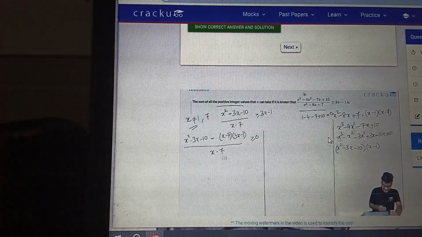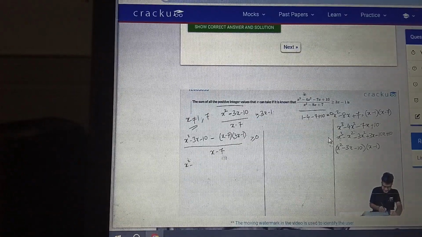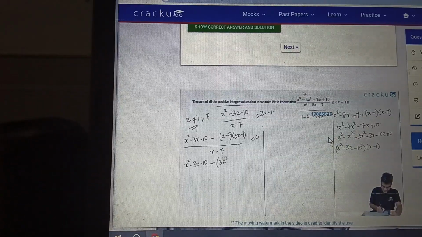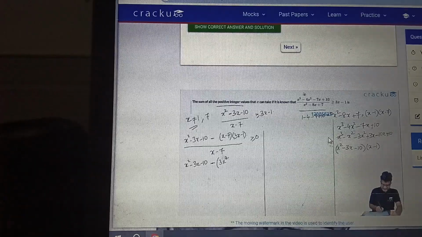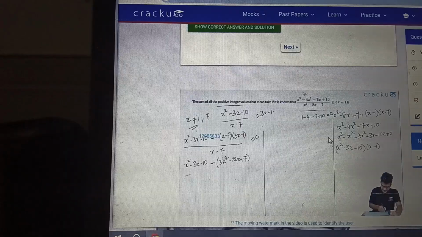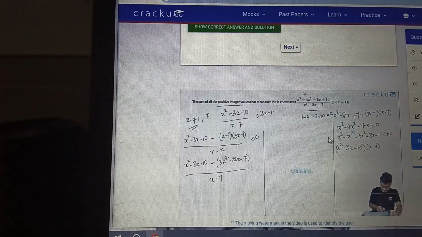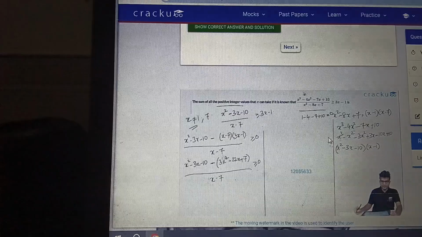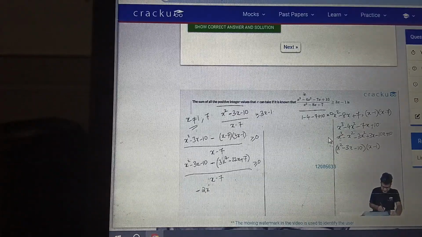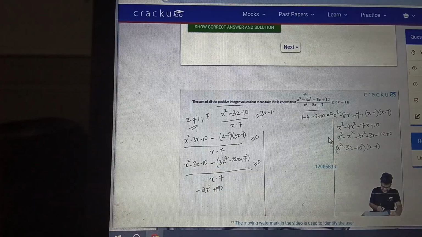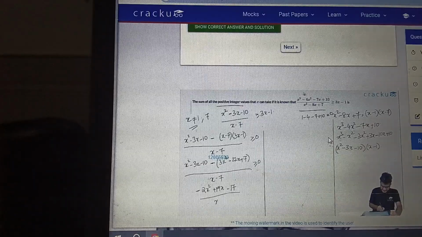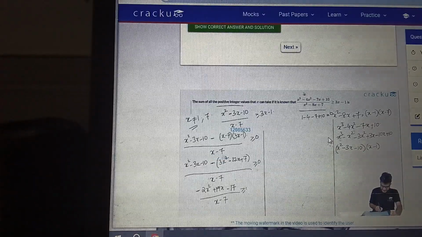We can simplify again to (x square minus 3x minus 10 minus (3x square minus 21x minus x plus 7)), so this is minus 22x plus 7, divided by (x minus 7) is greater than or equal to 0. Again we can simplify this to (minus 2x square plus 19x minus 17) divided by (x minus 7) is greater than or equal to 0.